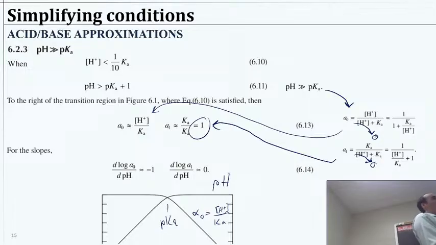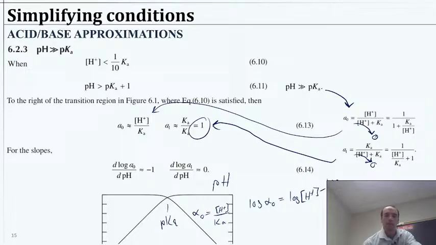Log of Ka is some constant, and so it's a minus 1 slope as we travel along pH. So we can say log of alpha 0 in this section is going to be equal to log of H plus, which is like saying negative pH, right?